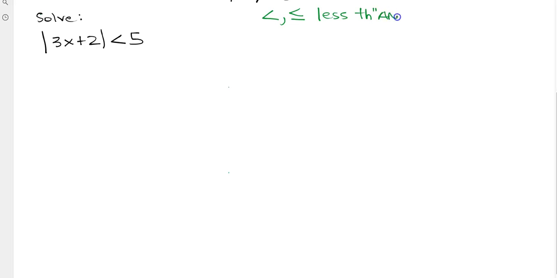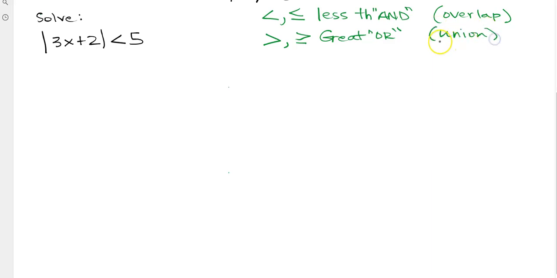So it's an and statement, meaning that we're looking for the overlap, just like we did before when we talked about compound inequalities. And if it's a greater than or equal to, then I want you to think of this as greater, right? It's just a play on words here, greater. And that is, we want the union of those two, like we were talking about previously in this class.